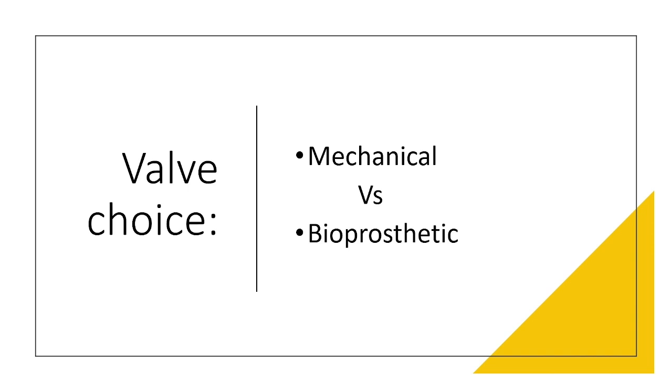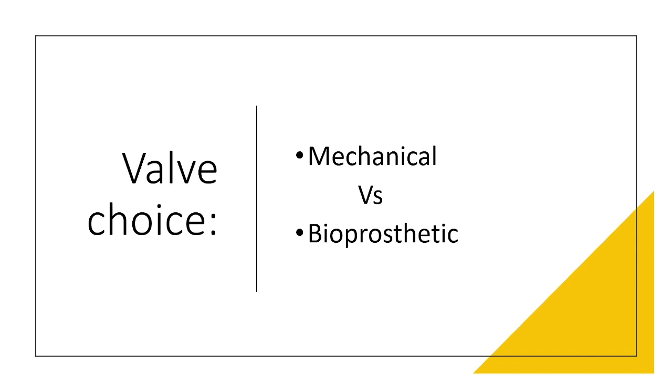About the valves, mechanical and bioprosthesis. Normally we use mechanical valves up to the age of 50 to 60, and tissue valves after 65 or 70. The range of 55 to 60, or 50 to 60, is a gray zone.